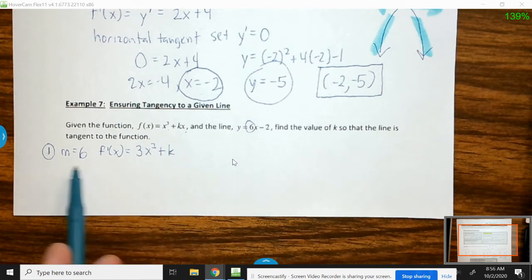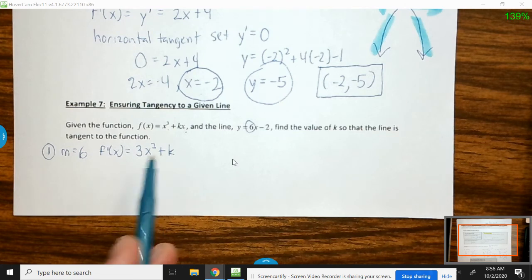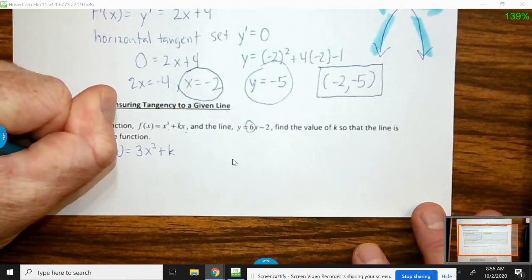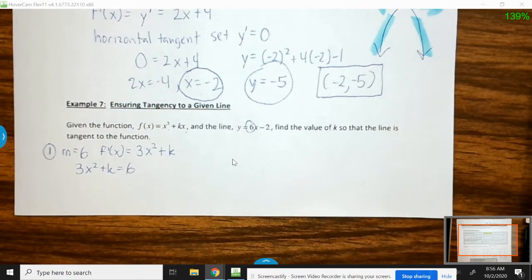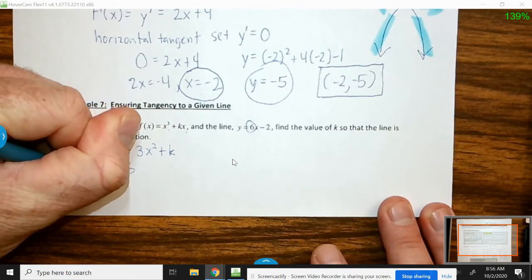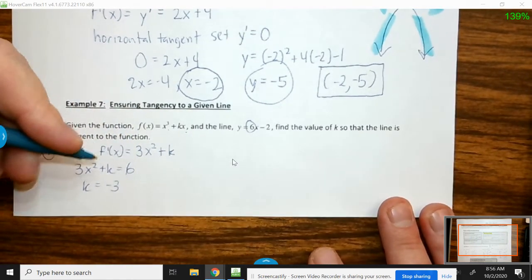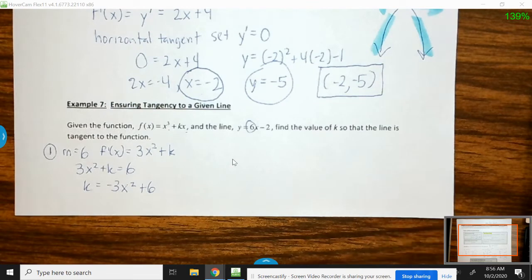What I really need to do is ensure that these two things are equal to each other. So let's set 3x squared plus k equal to 6. And what I can also do is rewrite k as negative 3x squared plus 6.